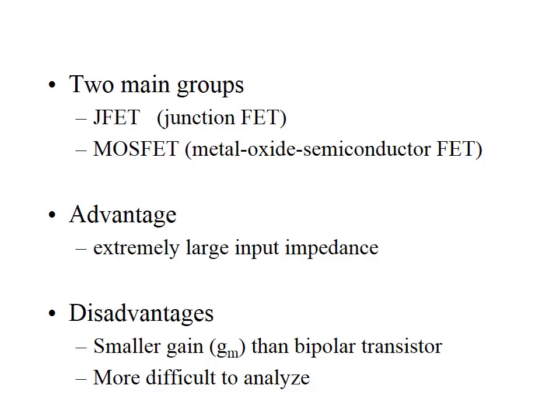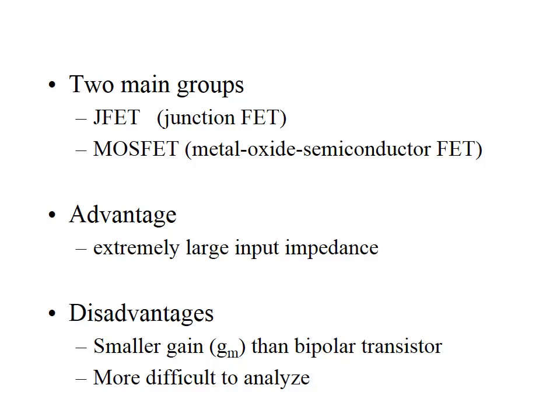When we say that a device has an extremely large input impedance, it means that it has a very sensitive input, and it consumes very low energy, because only a very small current is required to operate this input. So the FET transistor is mainly suitable for functions that require high input impedance or high input resistance.